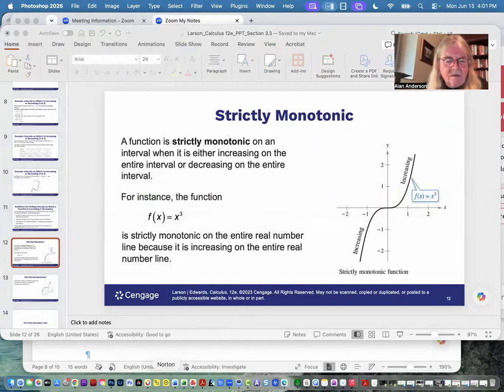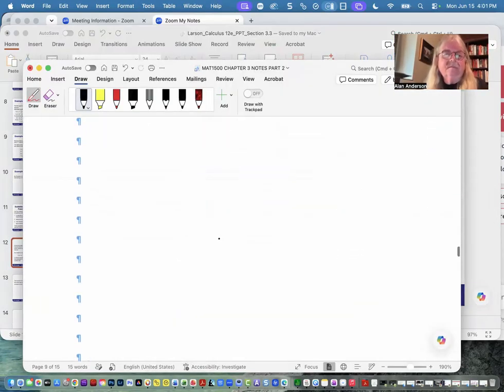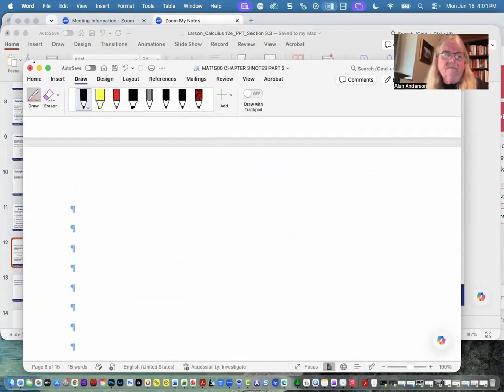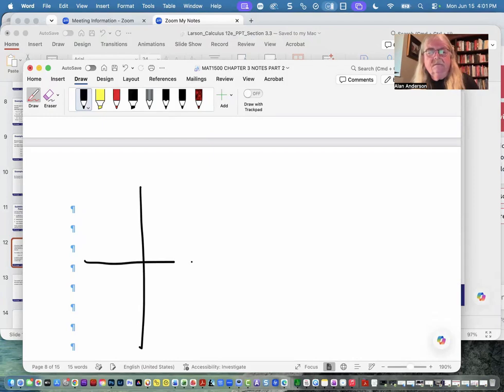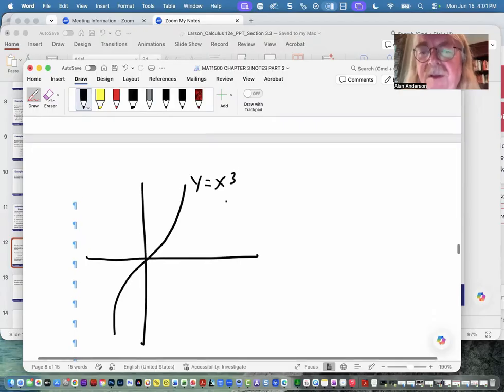Let me draw that on the slides, on the notes. So no matter where I test the first derivative, the slope will always be positive.